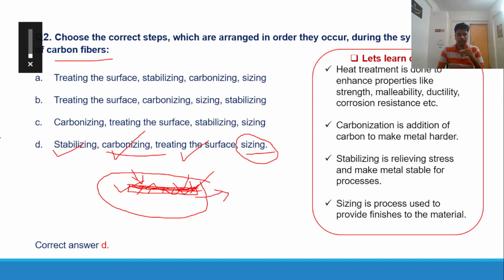Okay, so the correct answer is D here. So for synthesis of carbon fibers, first we do stabilizing, second is carbonizing, third is treating the surface, fourth is sizing. Okay.